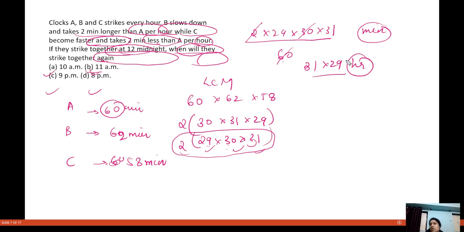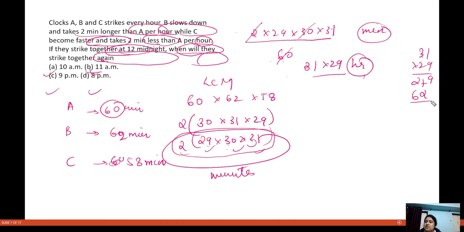Now this is no more minutes, because we are converting these many minutes into hours. So 31 into 29 gives you 899 hours.